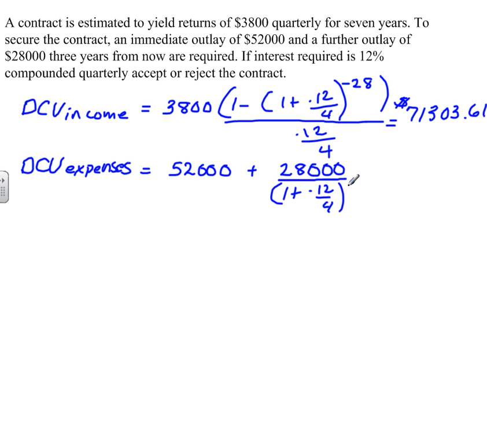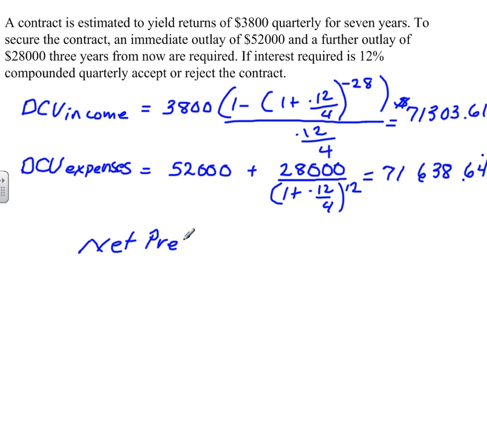So 3 times 4 is 12, which gives $71,638.64.